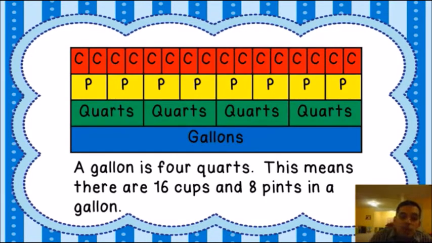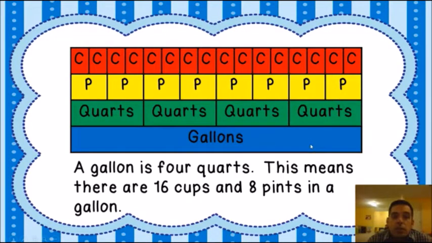And then the last one we're going to talk about is a gallon. And a gallon is 4 quarts. So if you look at our chart here, I have gallon right here, and then I have 1, 2, 3, 4 quarts that make up a gallon. I also have 1, 2, 3, 4, 5, 6, 7, 8 pints that make up every gallon.